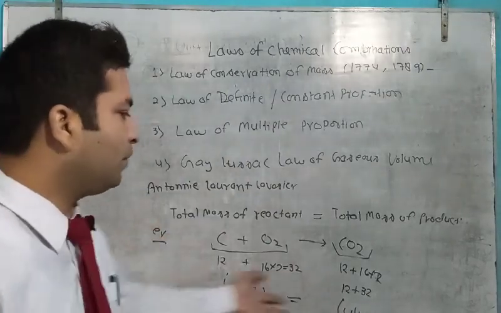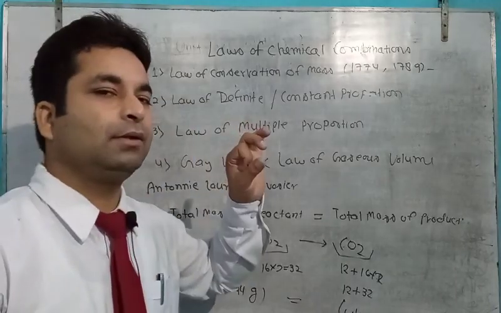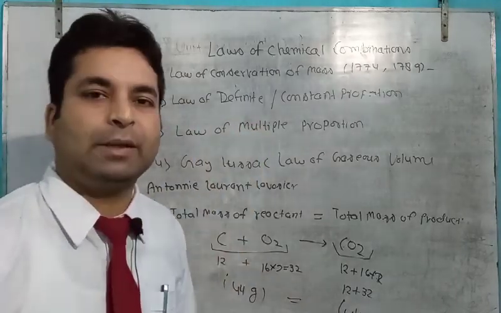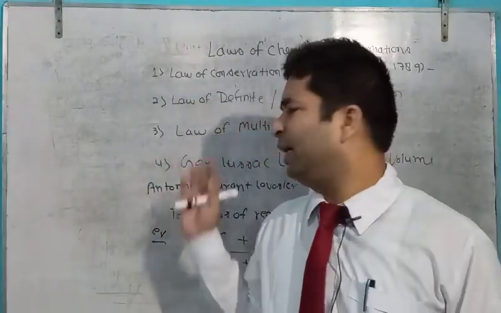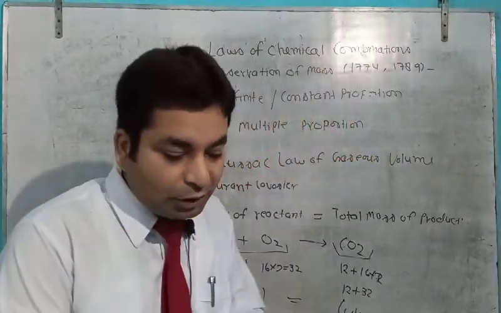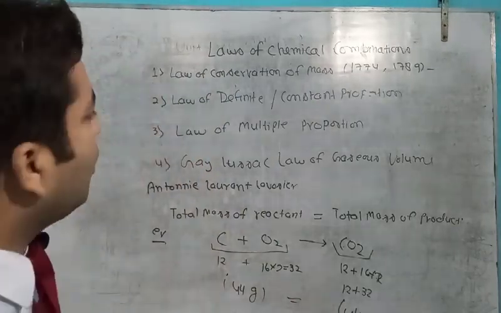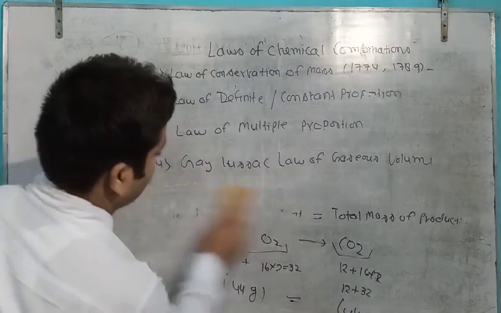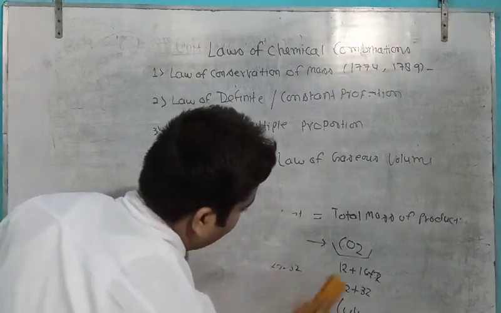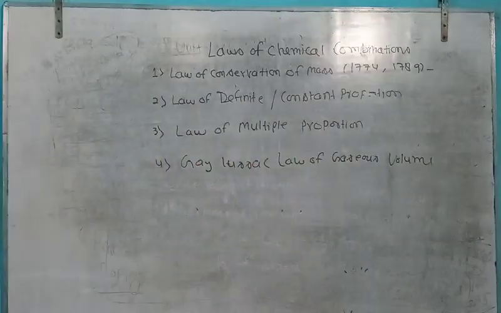What is an example of it? And a question can be asked, who is the father of modern chemistry? Antoine Laurent Lavoisier. Now we come to the next law, the law of definite or constant proportions.